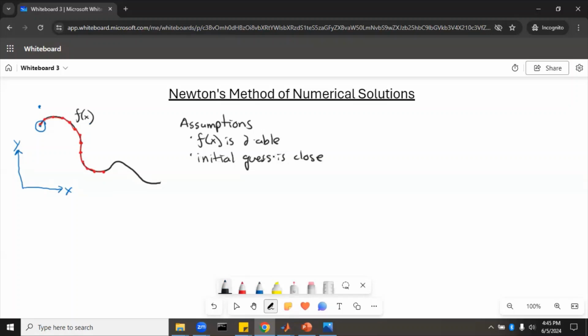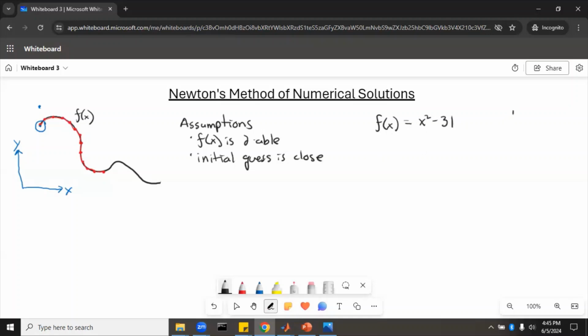We can use this to solve for roots of a function. So let's say we have a function f of x equals x squared minus 31. How could we find the roots of that function?